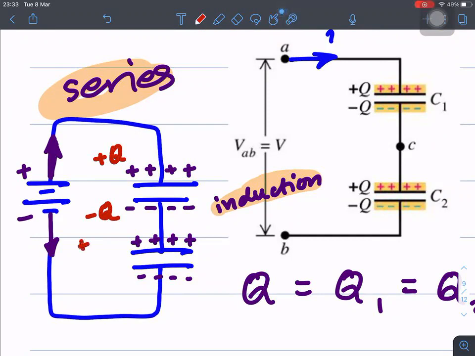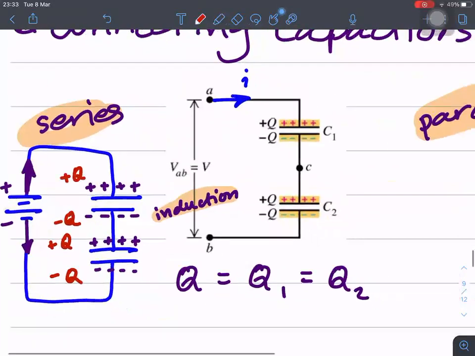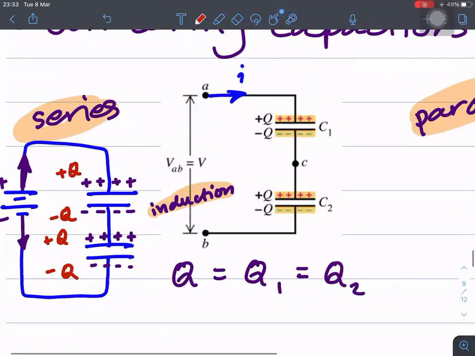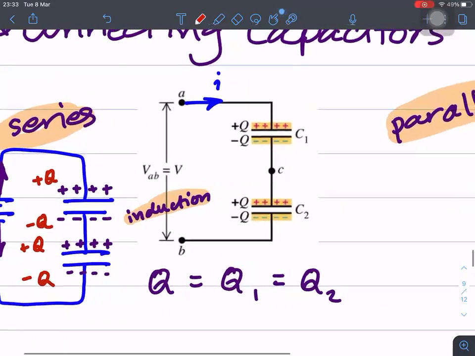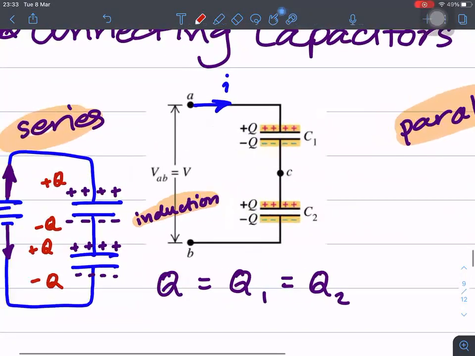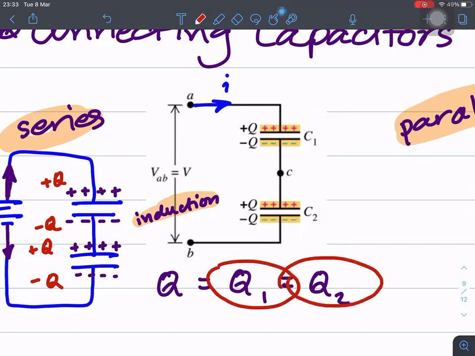And if the charge on this side is plus Q, the charge on this side is minus Q. So that is why the Q, or the total charge in the series circuit, would be equal to the charge on capacitor 1 and the charge on capacitor 2. Okay, so that is the reason.